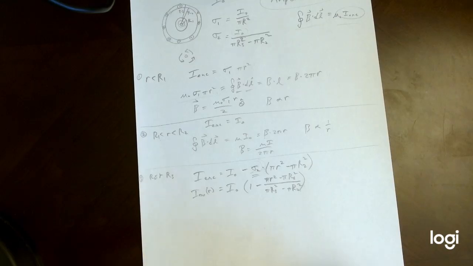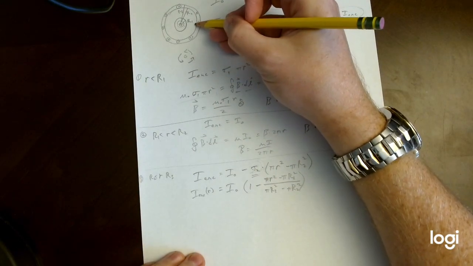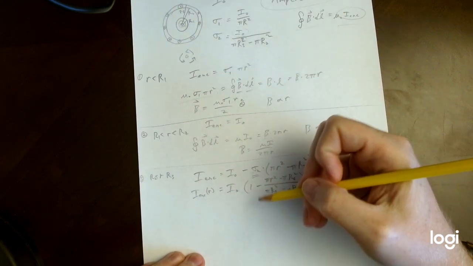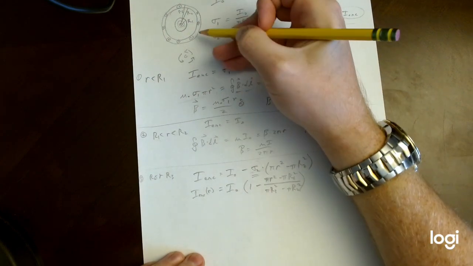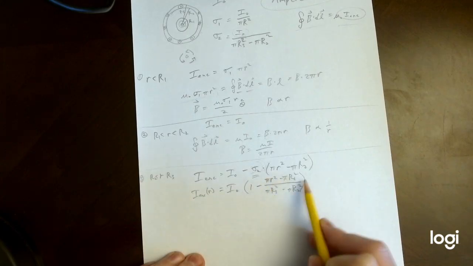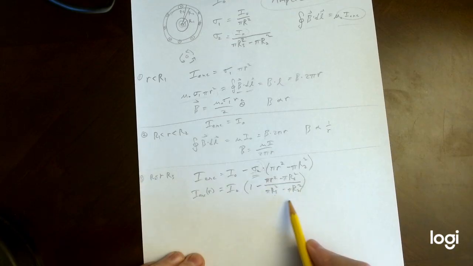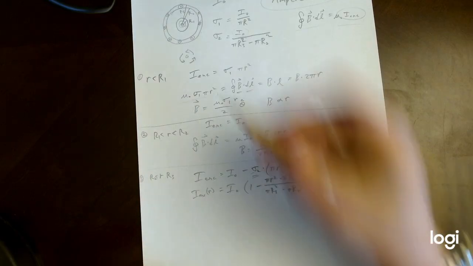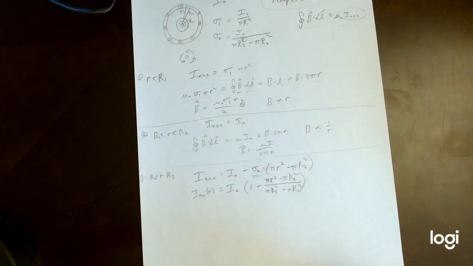So as we go from this inner edge where we have capital I naught enclosed to the outer edge, we are then effectively at 0, because this little r would become R3, and this denominator exactly equals the numerator, so this is 1 and 1 minus 1. We would have 0 I enclosed once we get out to this part.